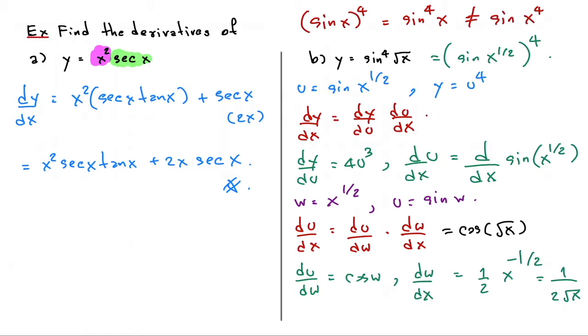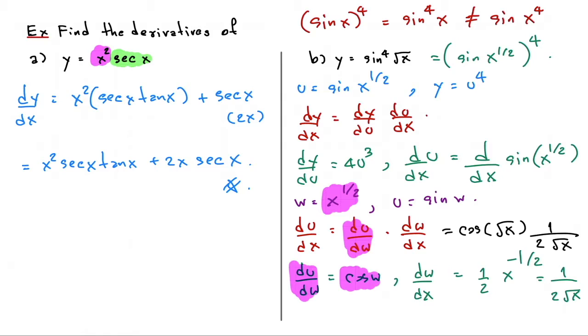Because w is actually x to the power of 1/2, which is square root x. du by dw is cos w, but w is square root x, so du by dw is cos of square root of x. And dw by dx is 1 divided by 2 square root of x.